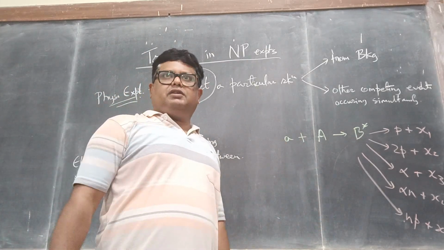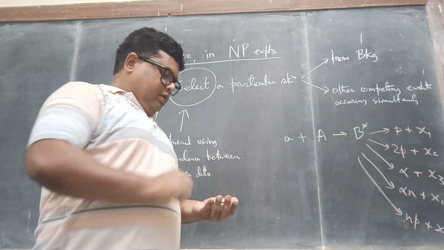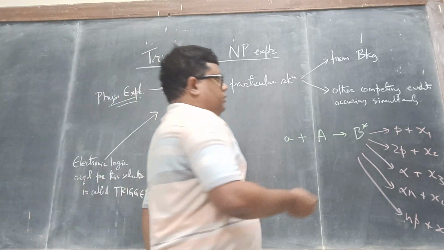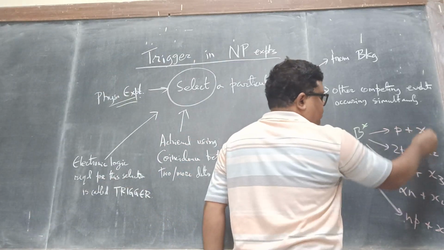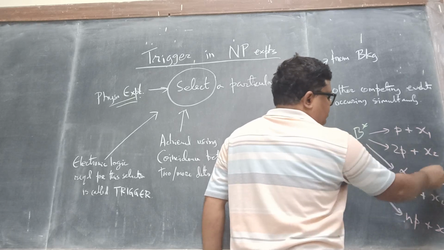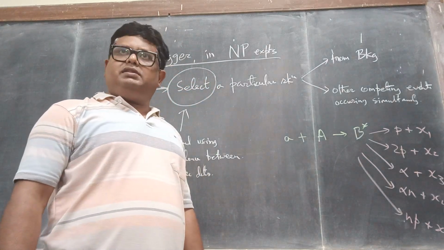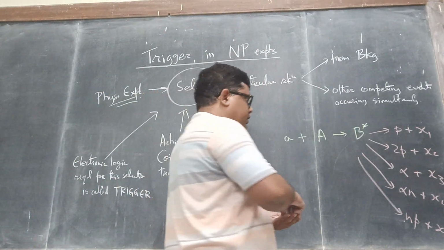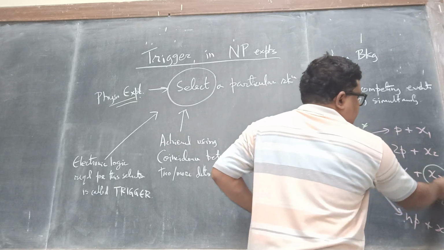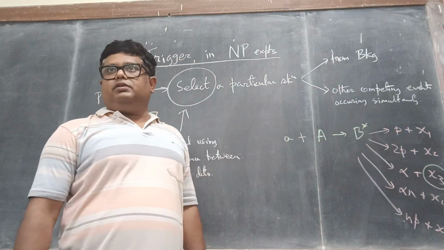Suppose such a reaction takes place, and these nuclei X1, X2, X3, X4, X5 have already been more or less studied. But this particular nucleus X3, we do not know much about it.